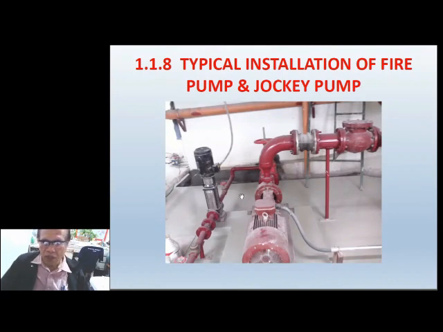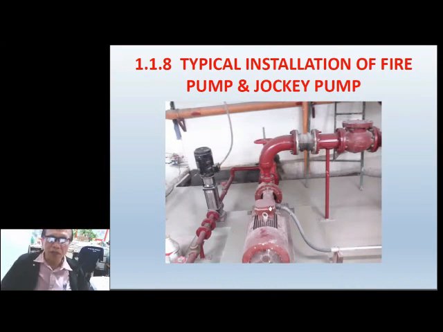So they are connected in parallel, or piped together in parallel, except that the jockey pump is always running almost all the time, pressurizing the sprinkler system, the hydraulic system. And the fire pump will only run when there is a fire.